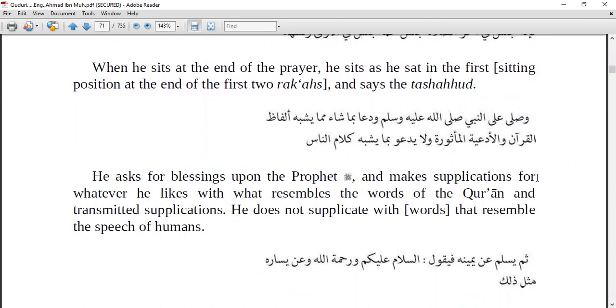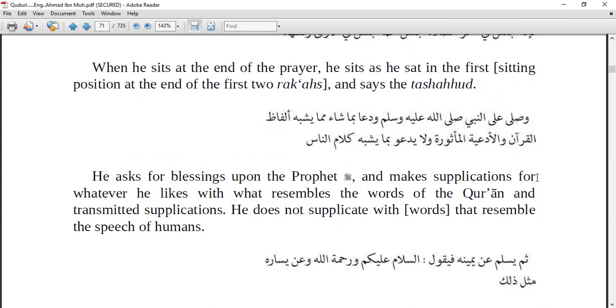Saying the Durud Ibrahimi, the long one that we're accustomed to, is best. But if you want to suffice with some other form of durud, that is also acceptable. And remember, saying the tashahud is wajib, saying the durud is sunnah. So if someone misses it out, their salah is valid and they don't have to make the sahw sajdah for it.